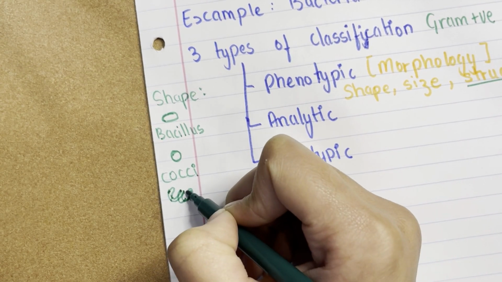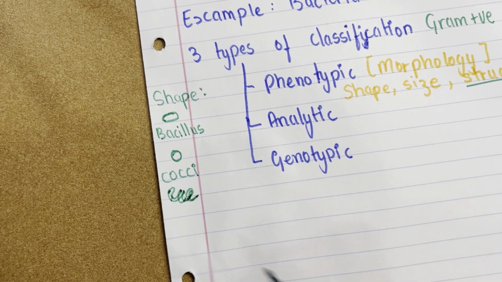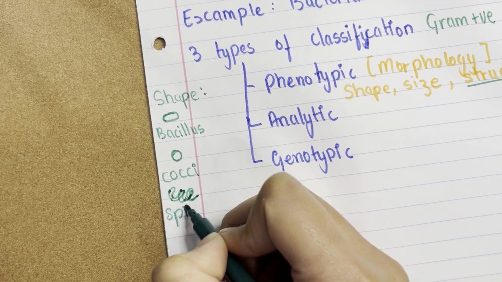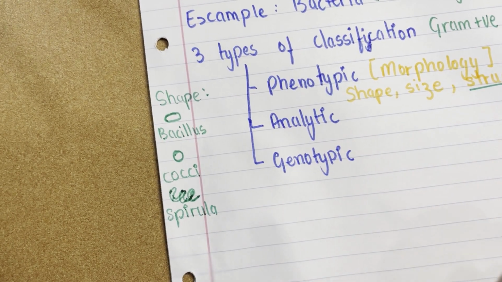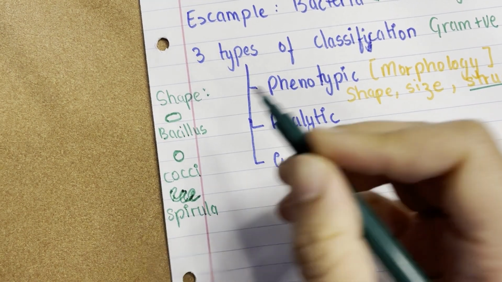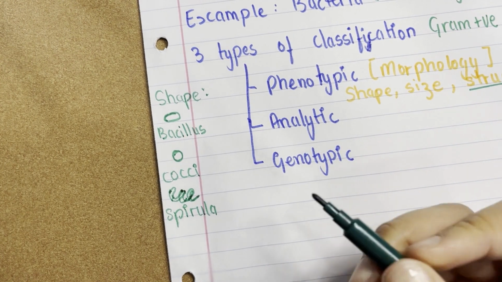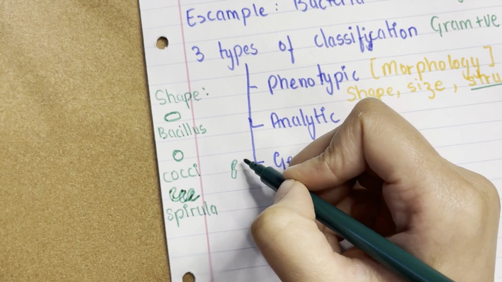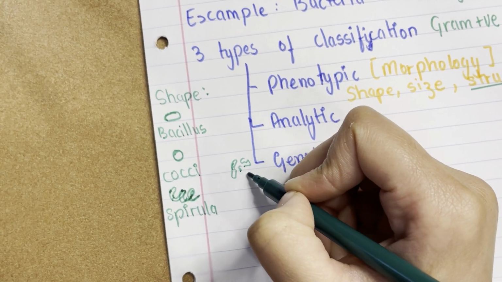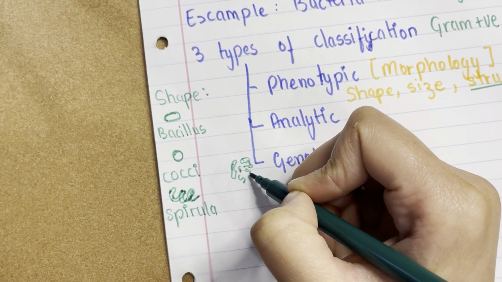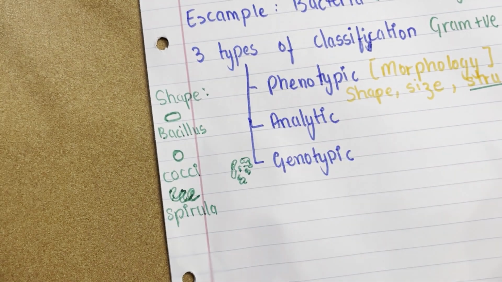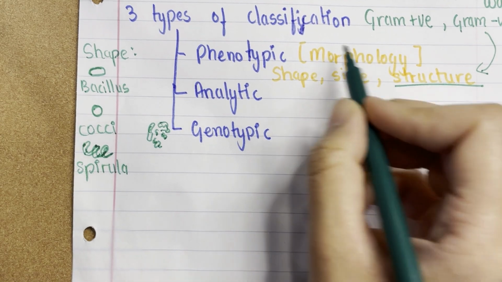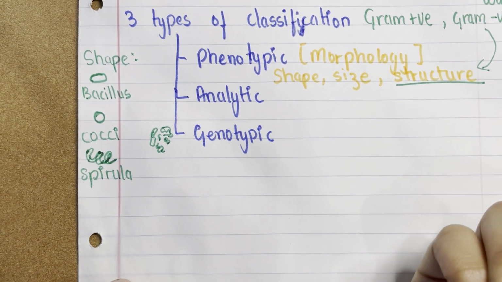That is a bad drawing, but you get the point. Those are called spirilla. And then there are other shapes of bacteria which are just a mixture of everything, and that is a category as well. So that's what we're talking about when we say phenotypic classification.